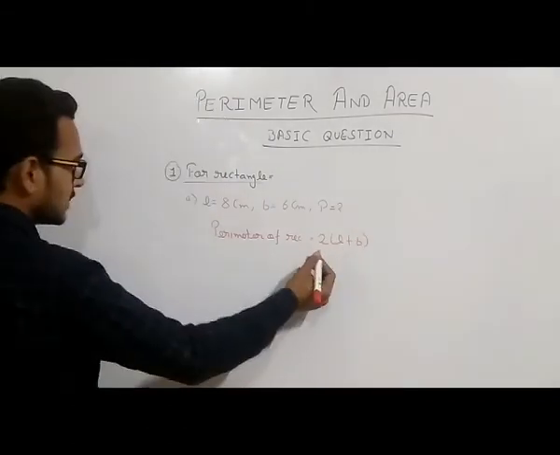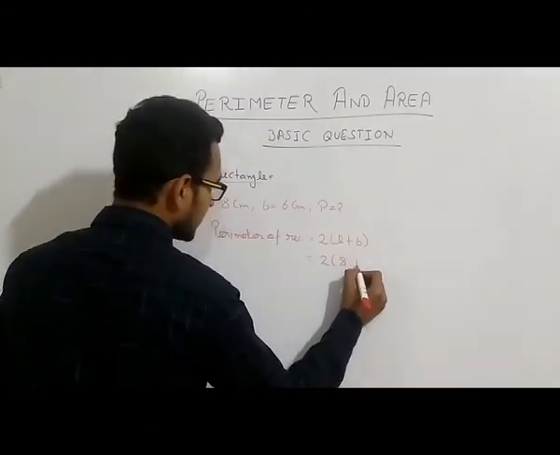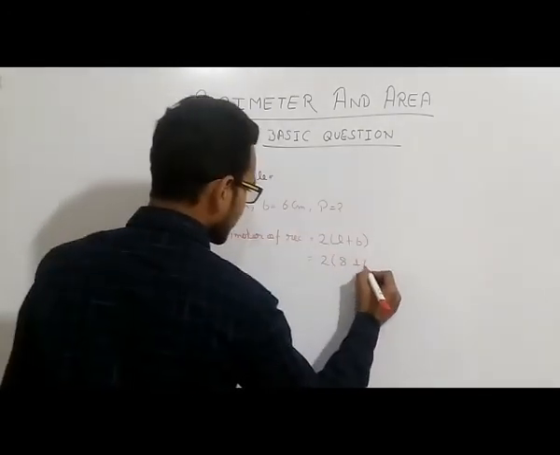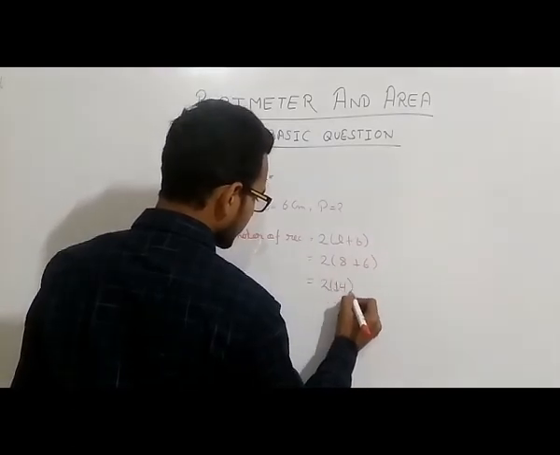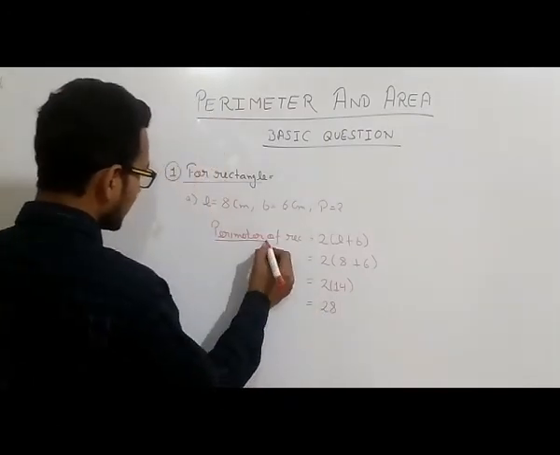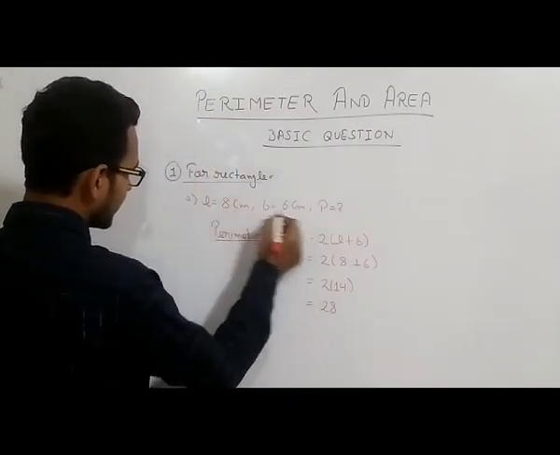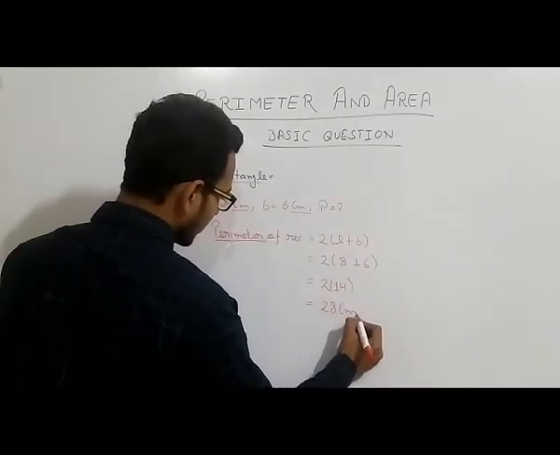Put the value of the length 8 centimeter and breadth 6 centimeter, so 8 plus 6 is 14. 14 times 2 is 28. The unit of length and breadth is centimeter, so the perimeter's unit is also centimeter.